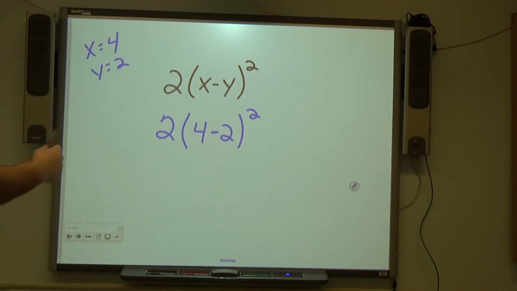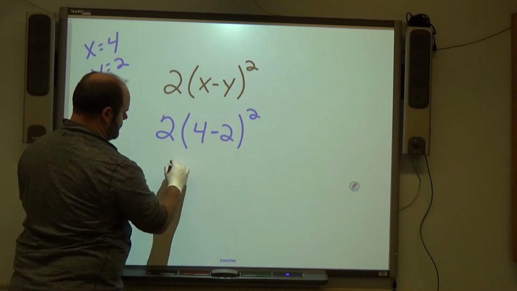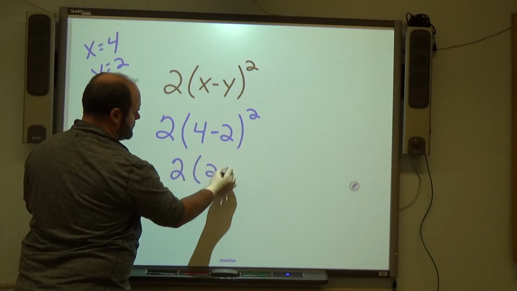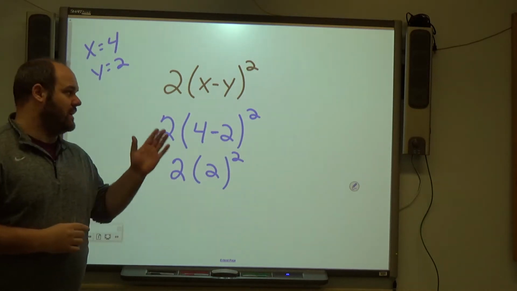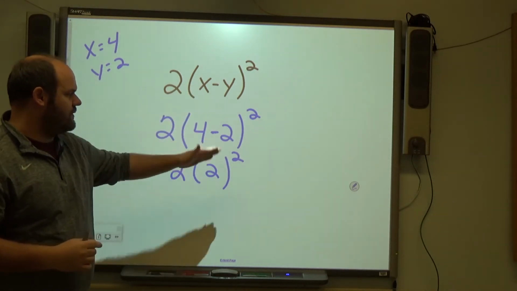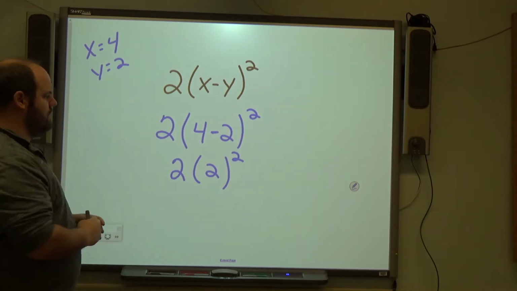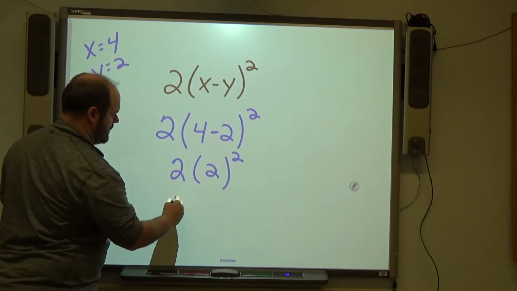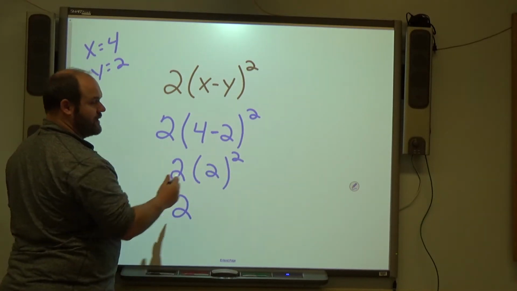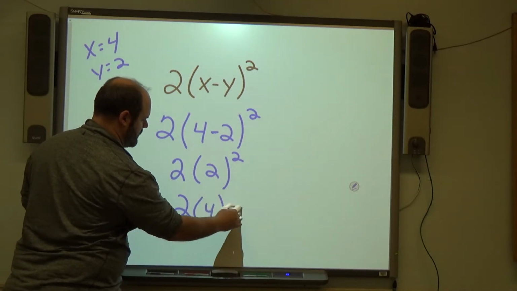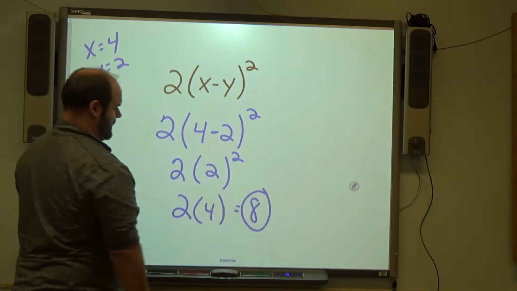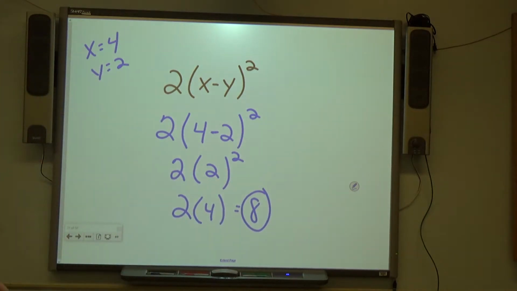So 4 minus 2, we do that first, and that's 2, and we also have 2 squared. Now, we did parentheses, next is exponents, okay? So we have to do 2 squared. Well, 2 squared is 2 times 2, which is 4. So we have 2 times 4, and we end up with an answer of 8.